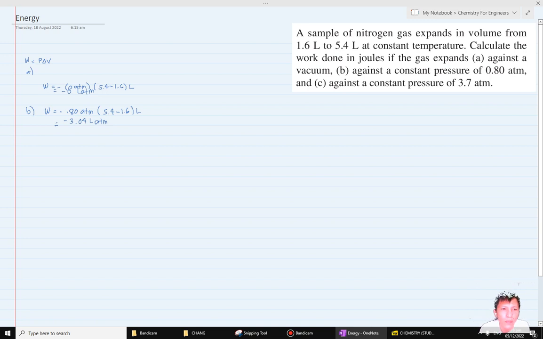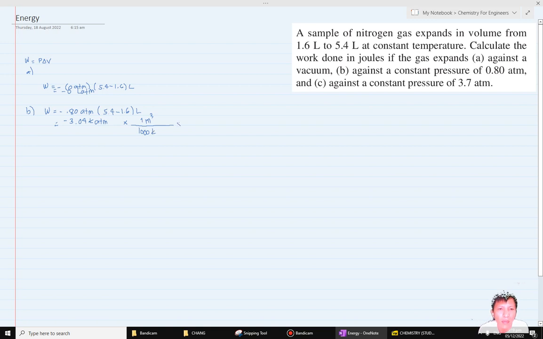Since the problem states that the answer must be in joules, we have to convert this. So, conversion factors. What I can remember is that 1,000 liters is 1 cubic meter, so we cancel liters.